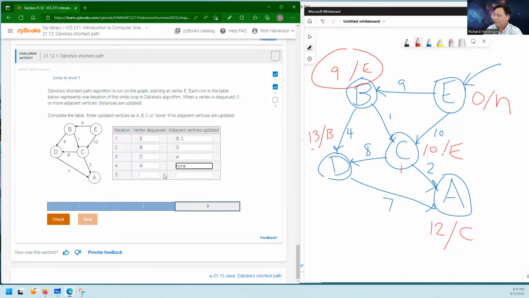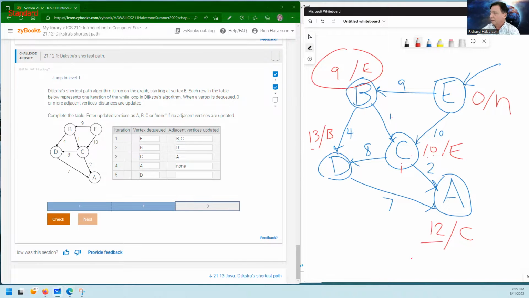And then the last one that's dequeued is going to be the 13, which is D. And is there anything updated? Let's see. What are all the vertices that D touches? Well, D touches A. Right now, A is sitting at 12.